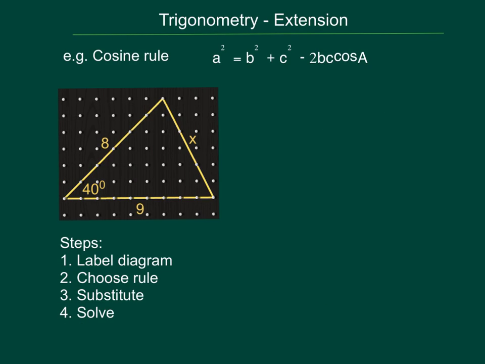Here's an example using the cosine rule. So again, I label the diagram. So this can be capital A, this can be lowercase a, and this can be c, and this can be b.